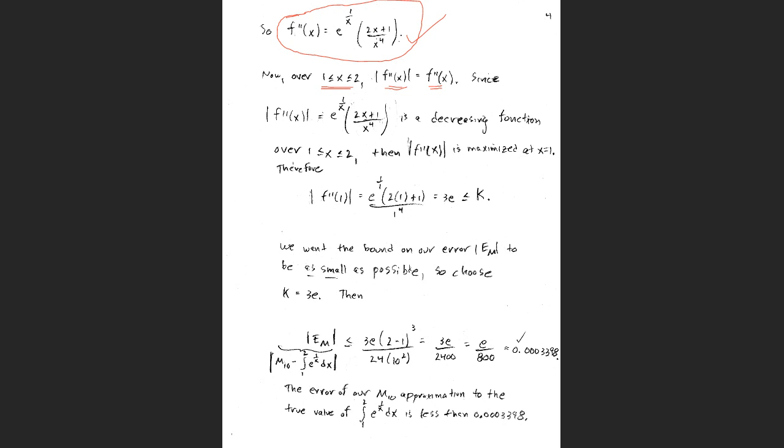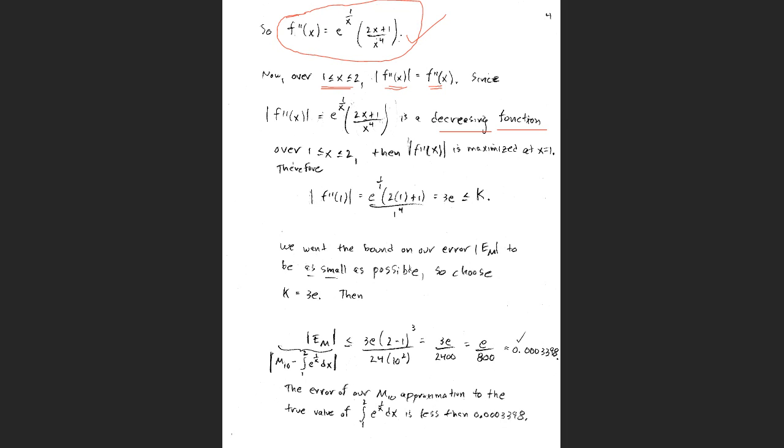It's always positive when x goes from 1 to 2. So we can drop the absolute value, but we note that this function is a decreasing function.